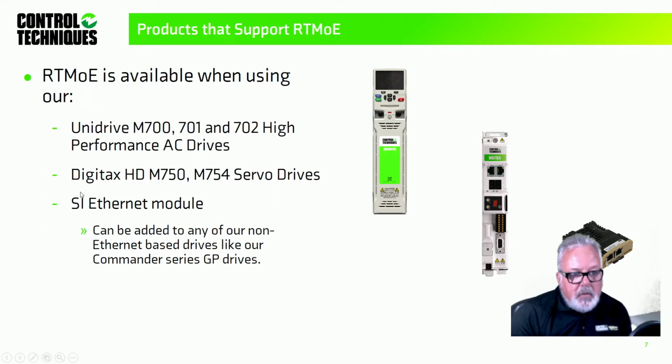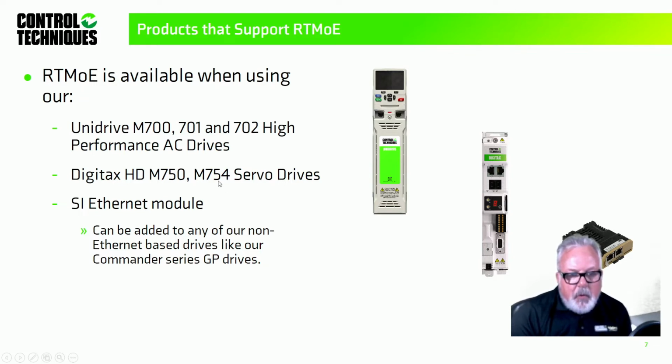You can also use it with the Digitax HD M750 and M754, which you may not have heard about. The M750 is the Ethernet-based Digitax drive, and as such, it's got a network switch right there.